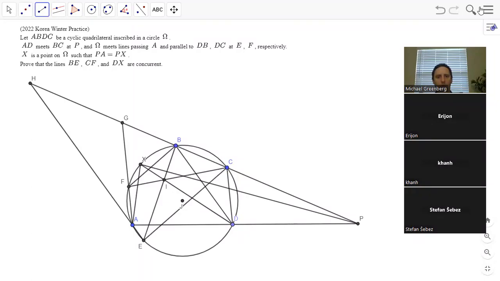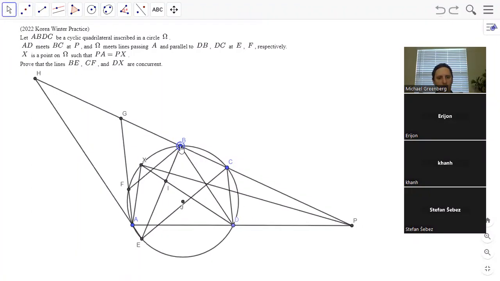Good observation. Yeah, this is a tricky one.